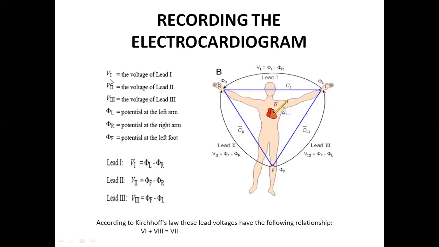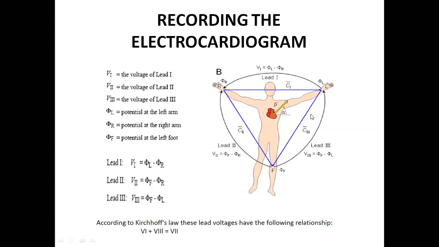These are the notations: V1 is the potential of lead 1, V2 is the potential of lead 2, and V3 is the potential of lead 3.